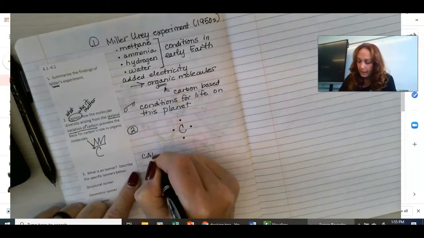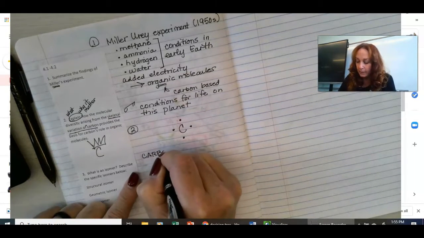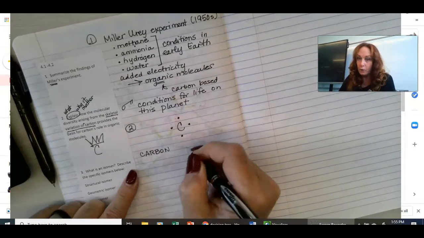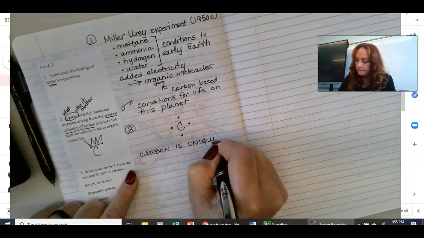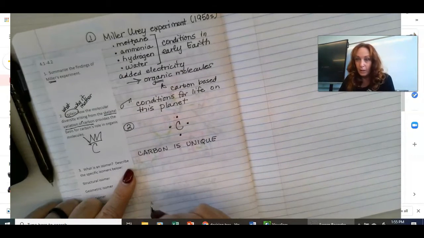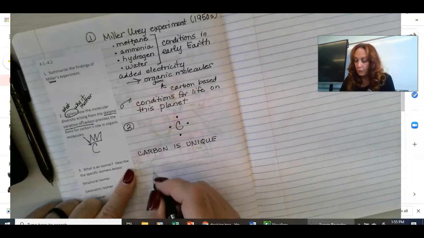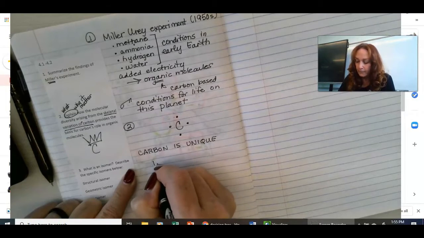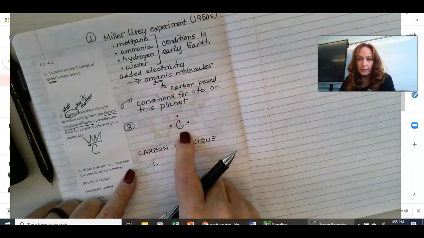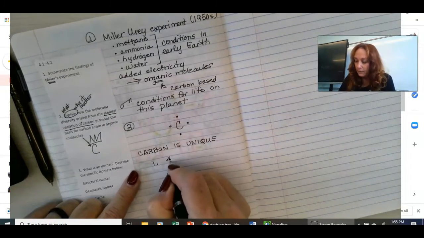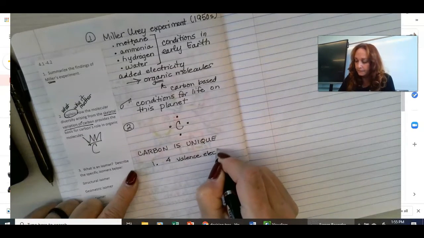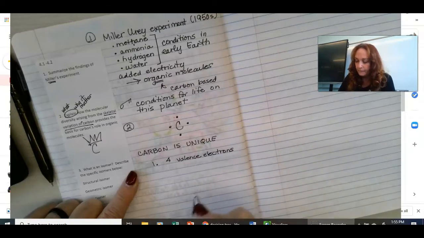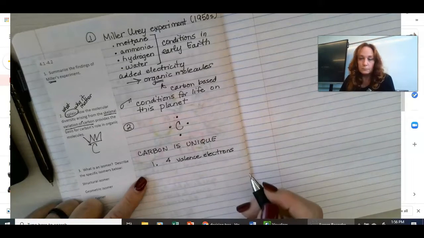So we're going to make a bold statement. Carbon is unique. Here's the reason why. I'm going to list them. The first is what I just drew right there. It has 4 valence electrons, the most possible.